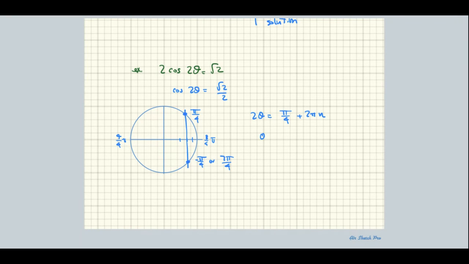And so theta is pi over 8 plus pi n. That's how you handle the multiples. Alternatively, theta is 7 pi over 8 plus pi n. Okay? That's if I use the 2 thetas, it goes 7 pi over 4.